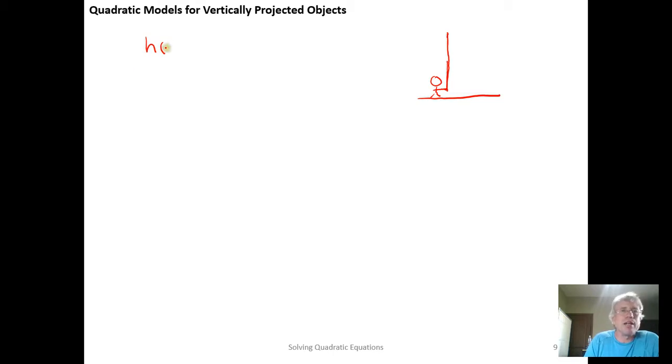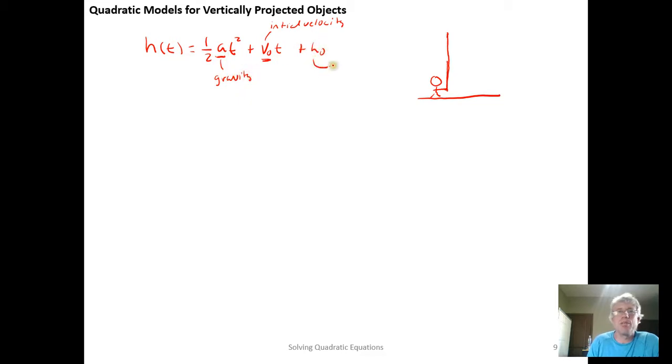So the model is height as a function of time is equal to 1/2 the acceleration of the object, and the acceleration is typically going to be the acceleration due to gravity, times time squared, plus v naught times time, where v naught represents the initial velocity or initial speed of the ball or the object that's being launched, the speed at which it's thrown, plus h naught.